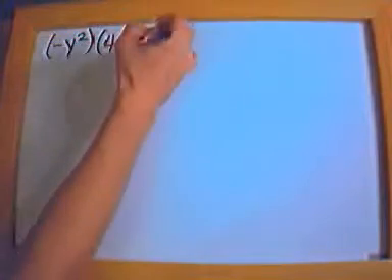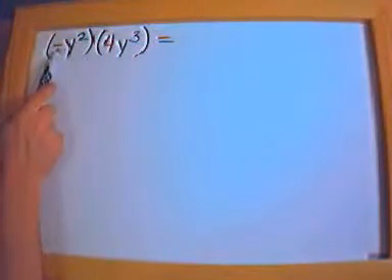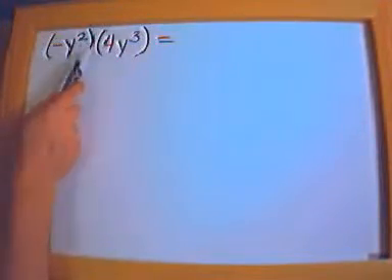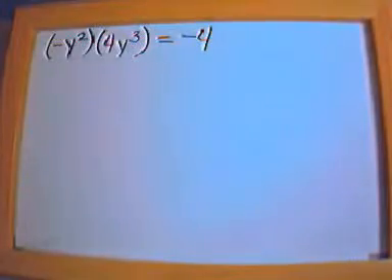What if you have something like negative y squared times 4y to the third? And I want to multiply those two things together. Well, again, let's work with the numbers first. I've got a negative 1 here sitting out in front of this y squared, so negative 1 times 4 is negative 4, okay?